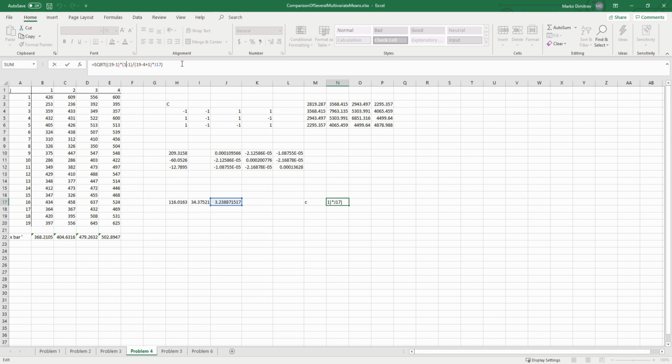So not 1 minus 1, but 4 minus 1. This is our constant for the interval.